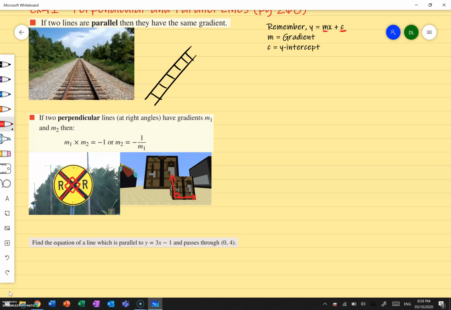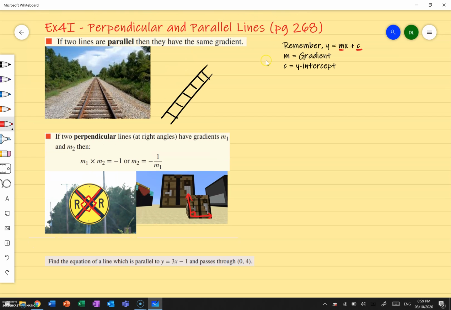Now, when we're looking at parallel lines, that's this one over here, with parallel lines, we know that two lines need to have the same gradient. In other words, let's say that this bottom track here has an equation of y equals 2x plus 3, okay? If I'm trying to find the gradient of this line, I know it's y equals mx plus something, right?